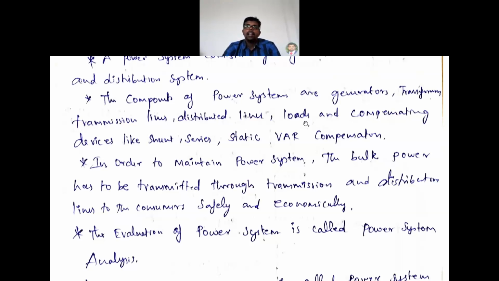Whichever generators we choose, they should always be the least cost generators. For example, if you want to provide power to particular loads, you need to choose the optimal generators, which means the very least cost.